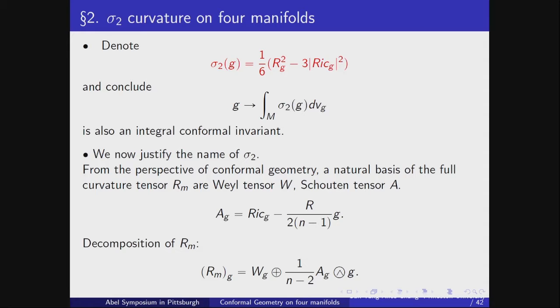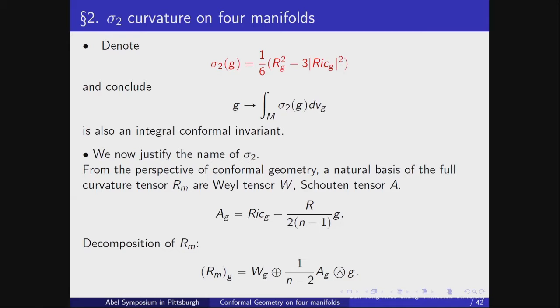So the Schouten tensor turns out to be a combination of Ricci and scalar curvature, so it's a tensor. And in terms of this tensor, the full curvature tensor is a direct decomposition of Weyl with Schouten. And we already know that the Weyl curvature is a pointwise conformal invariant.